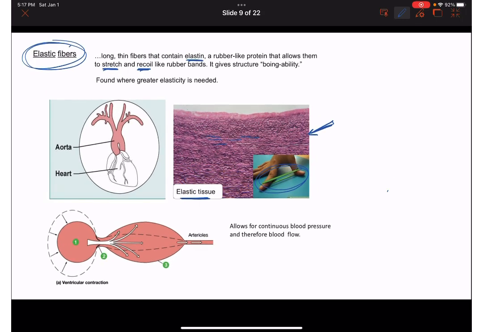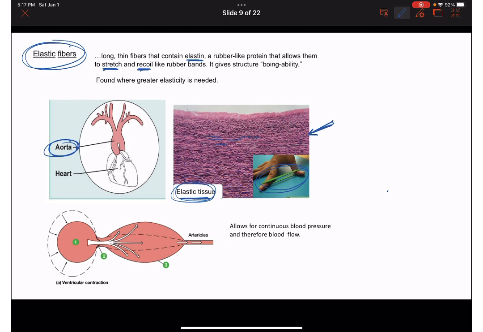So where are you going to find elastic tissue? Where are these elastic fibers really going to have a benefit? Well, you're going to find elastic tissue in the major blood vessels that exit the heart, including the aorta.